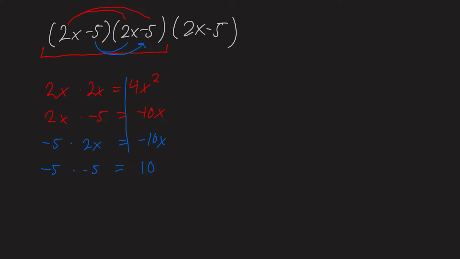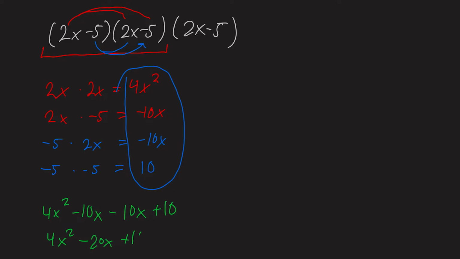We are going to add all of these up to get our remainder, to get our resultant, our answer, okay? So this is going to become 4x squared minus 10x plus 10, which can then further be simplified to 4x squared minus 20x plus 10.